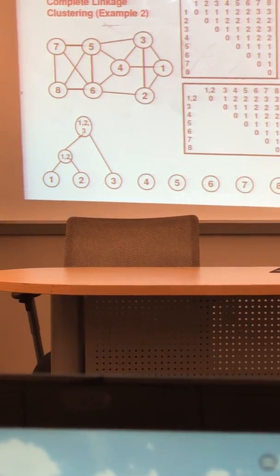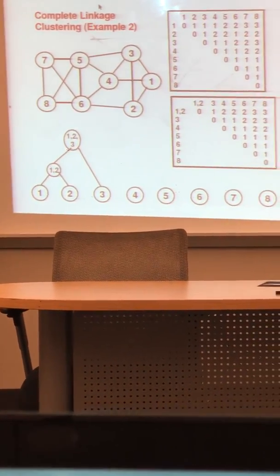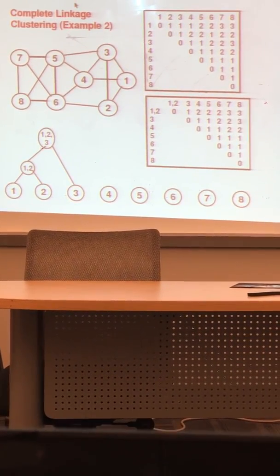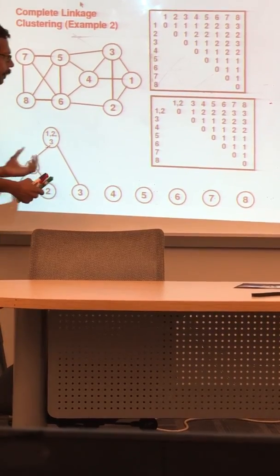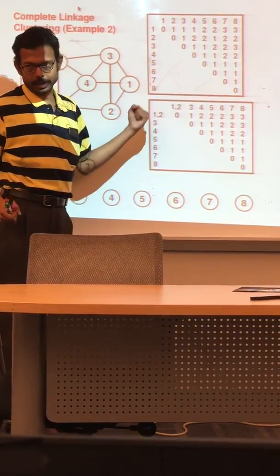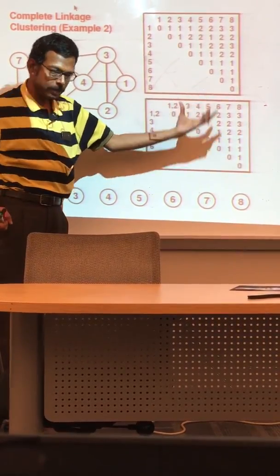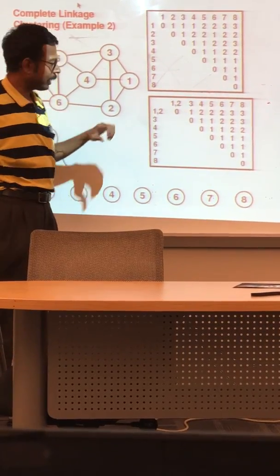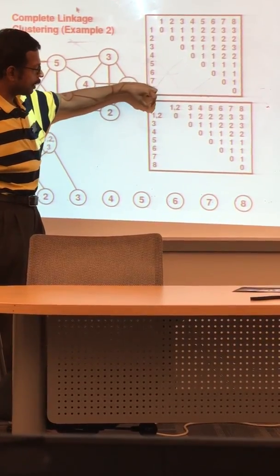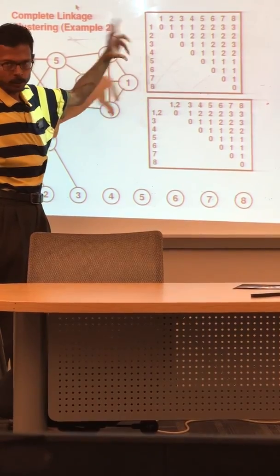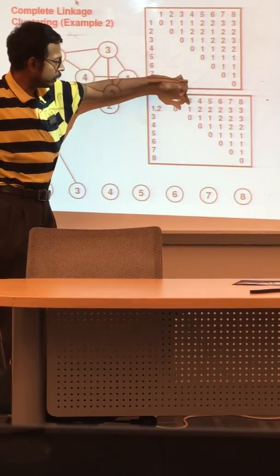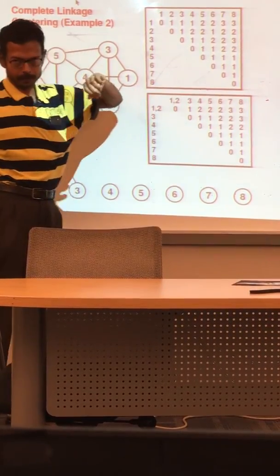So the key thing is once you combine two vertices or two entities, two communities, you need to find the distance involving the cluster, and the other side could also be a cluster or a vertex. So in this case, you combine 1 and 2. So we need to find the distance between 1, 2 as one entity with 3, 4, 5, 6, 7, 8.